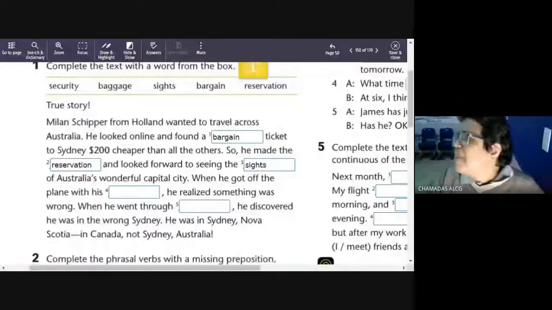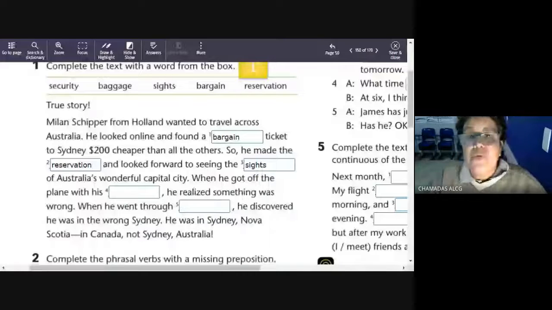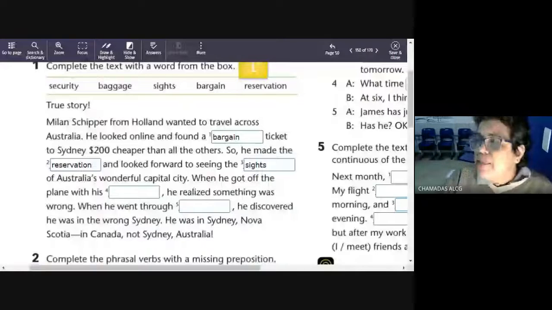So let's go back to our page here. We are reading a text about a guy from Holland who wanted to travel across Australia. He looked online and he found a bargain ticket to Sydney, $200 cheaper than all the others.